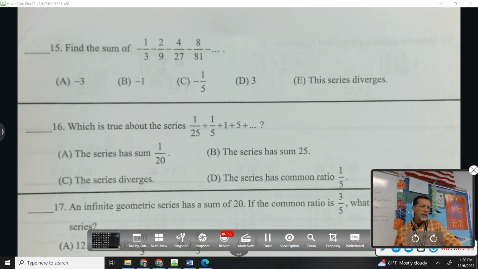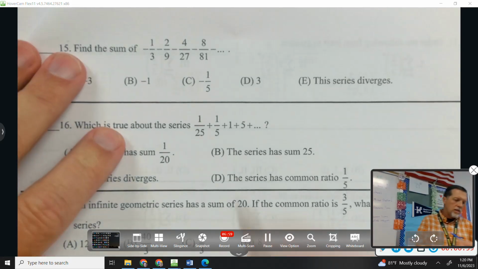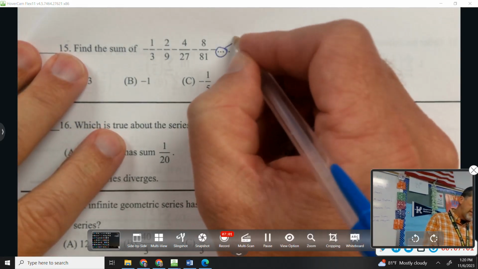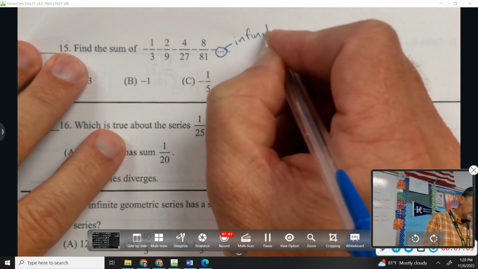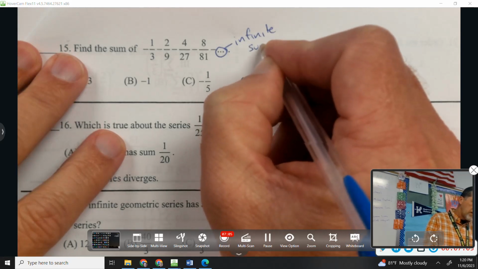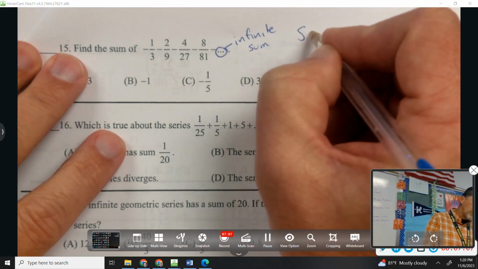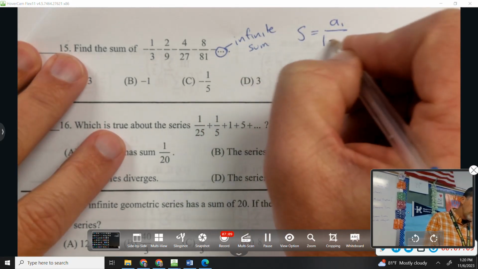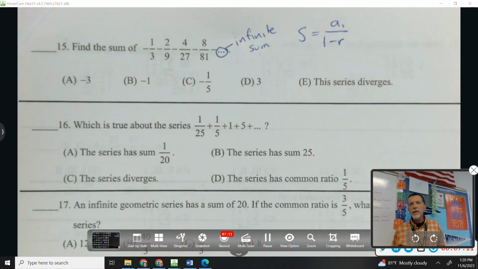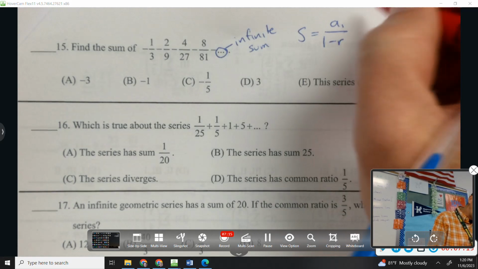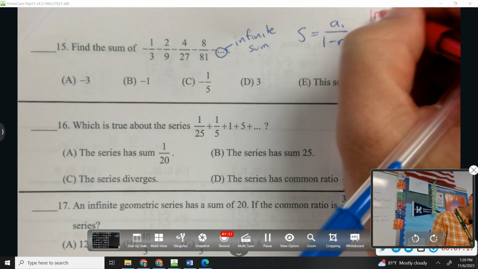Number 15. Find the sum of the series. So this is an infinite sum, and the only formula we have for an infinite sum is a1 over 1 minus r. But to use that, r has to be less than 1.